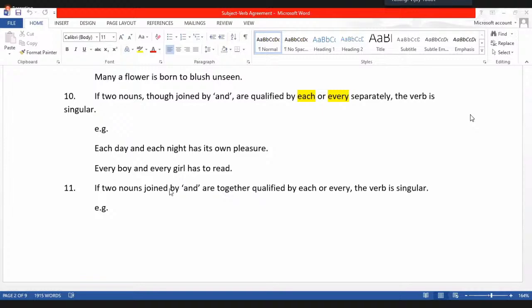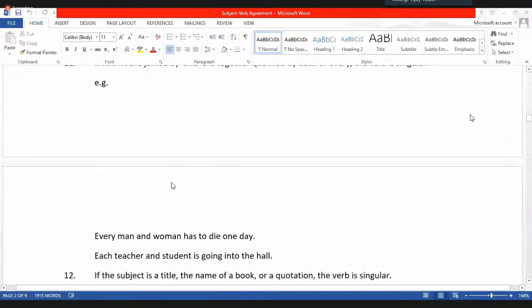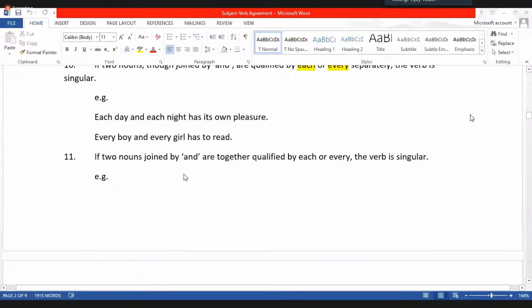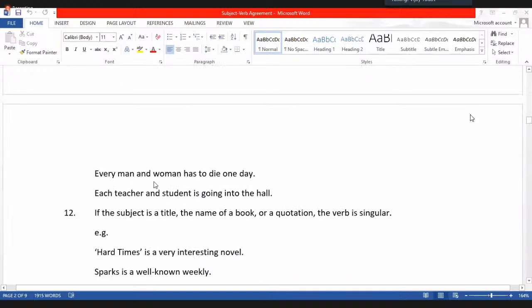In number 11, if two nouns are joined by and and together qualified by each or every, even then we use a singular verb. So here, man and woman, together qualified by every, even then we use singular verb, has, to die one day. Here, teacher and a student together qualified by each, we use is.